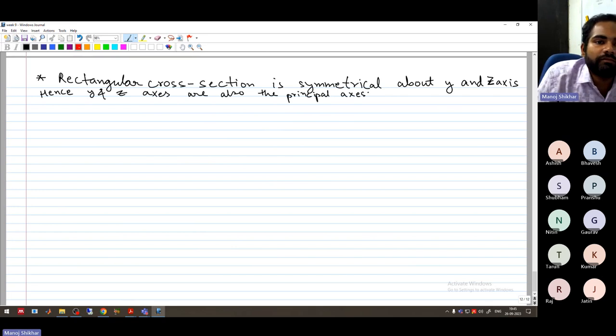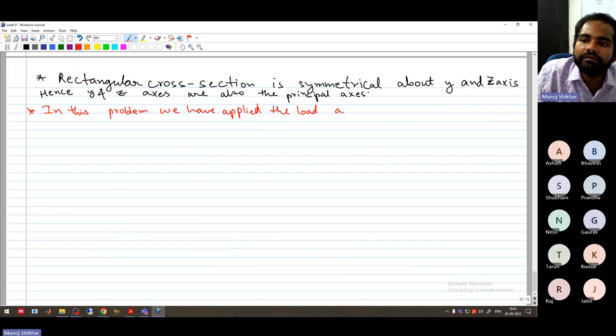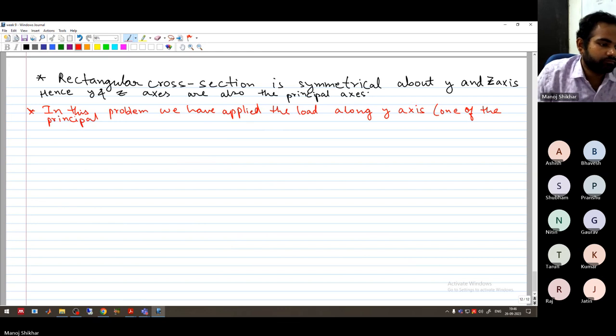Also, in our problem, we have applied the load along the Y axis, which happens to be one of the principal axes.